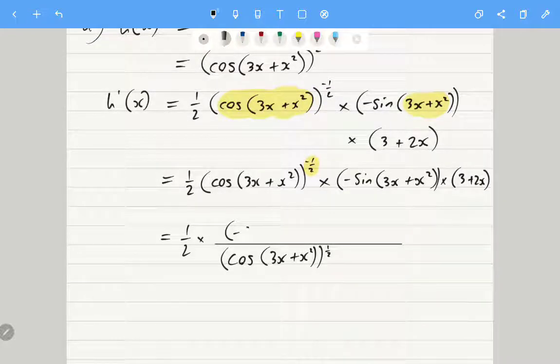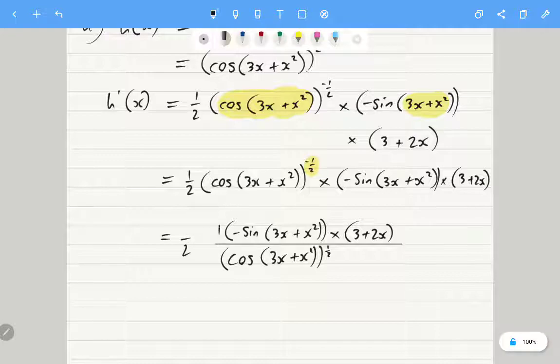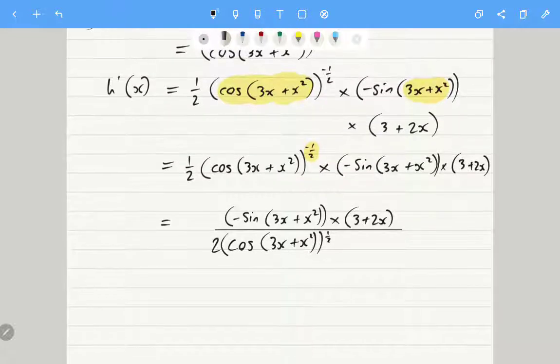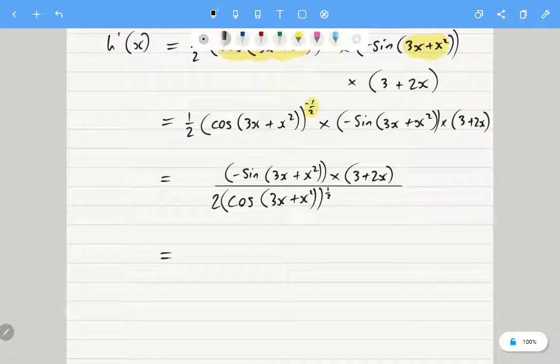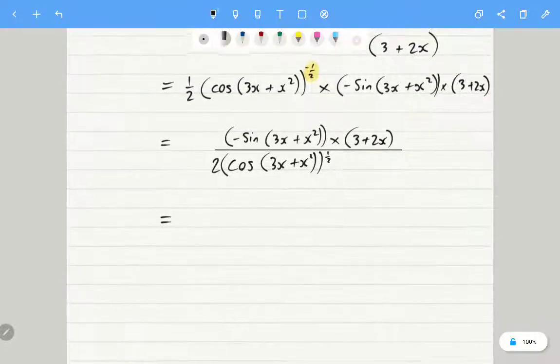So that's minus sine of 3x plus x squared times 3 plus 2x. Alrighty, the top's going to get multiplied by 1, and the bottom's going to get multiplied by 2.